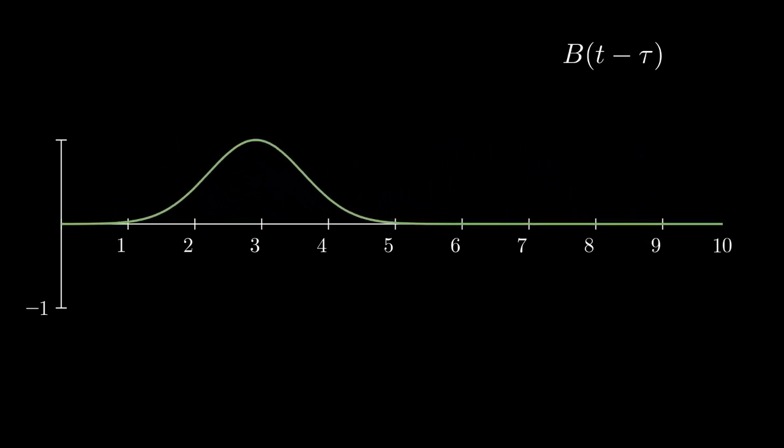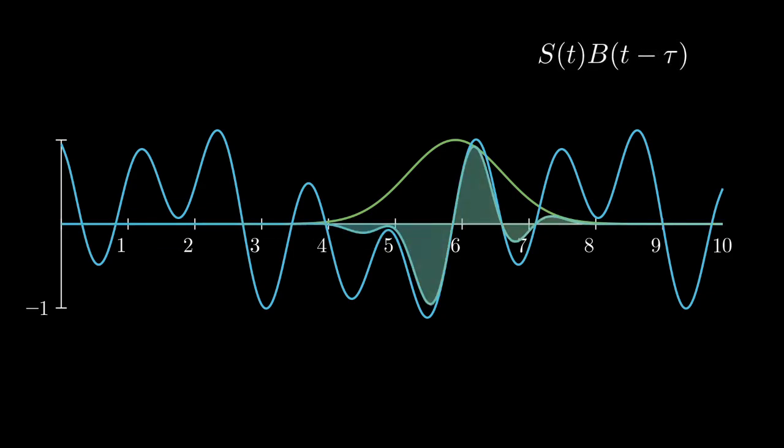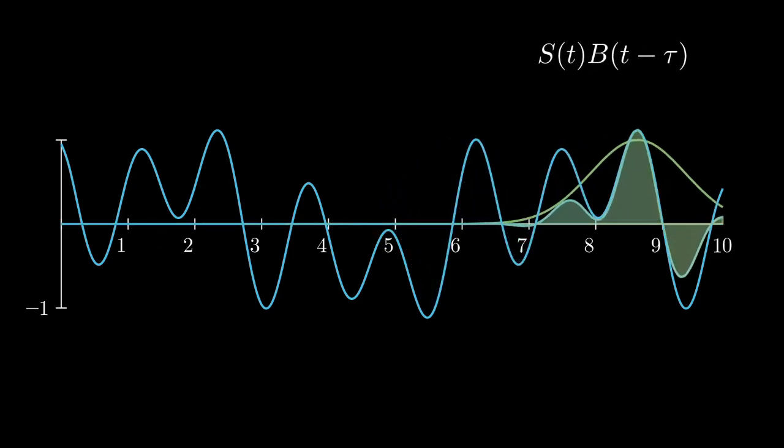Another method is to use an indicator function that tells us when the sound is occurring as we move it around. For this example, I'm going to use the bell curve, and wherever the bell curve is moved to in time, it will tell us what occurred in the window. To move this indicator function around, we attach a shifting parameter to it, tau.